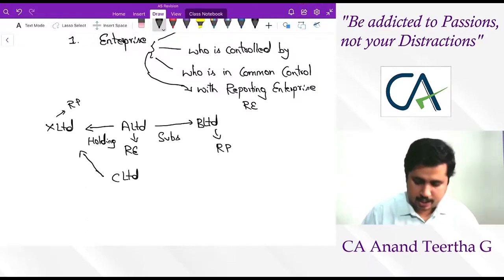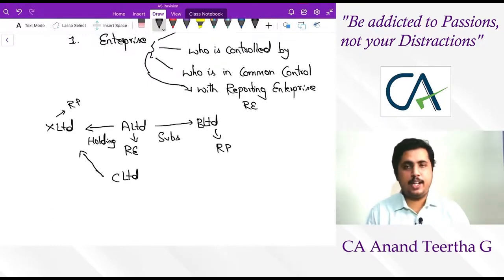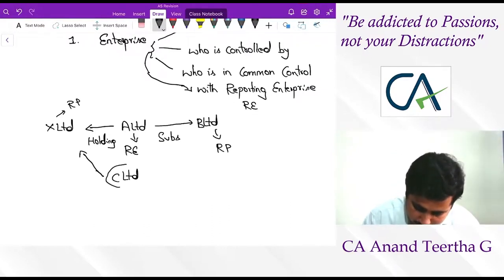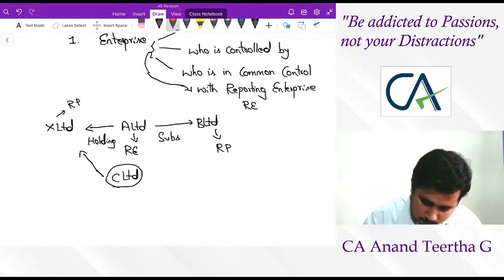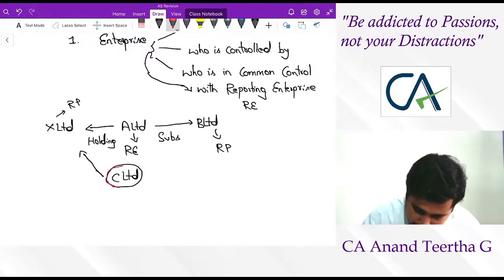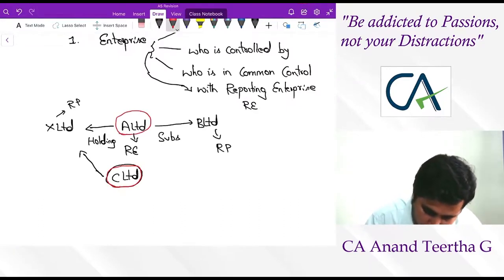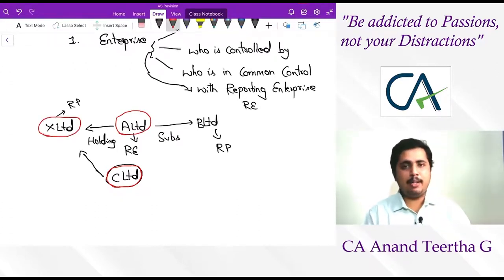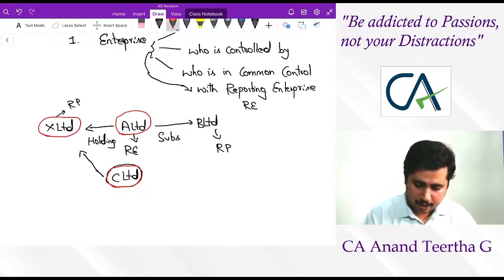Now, our reporting enterprise and C Limited are under common control of X Limited. Therefore, A Limited and C Limited now again are related party.